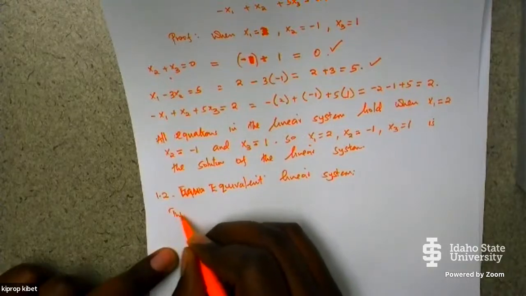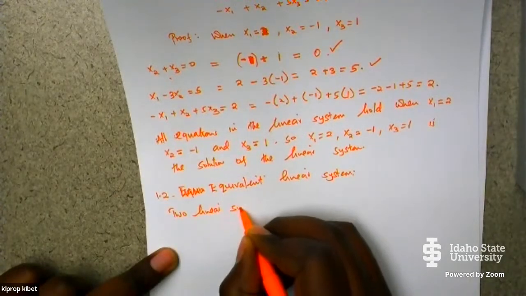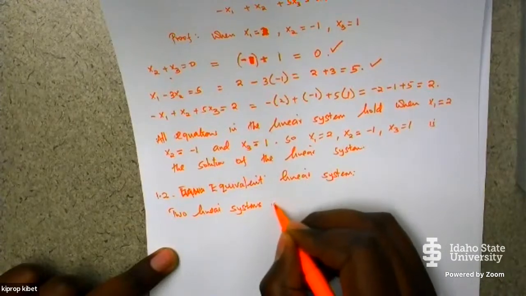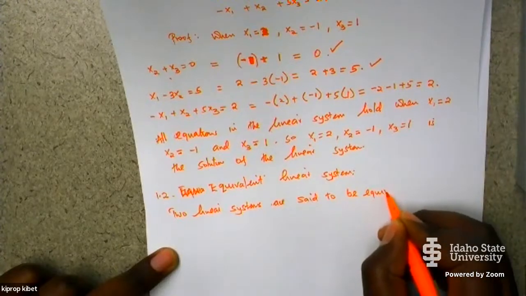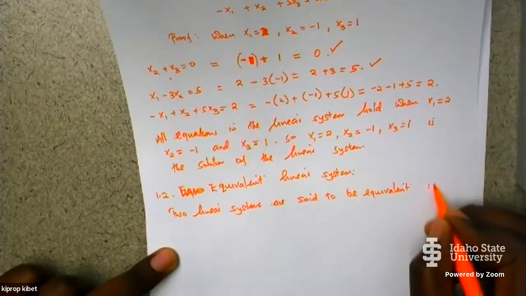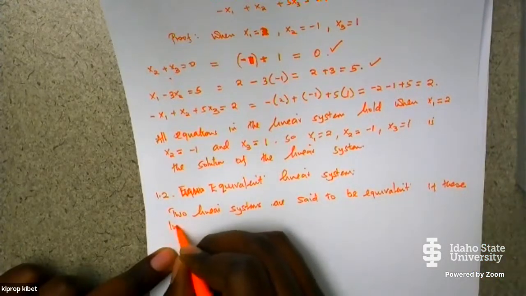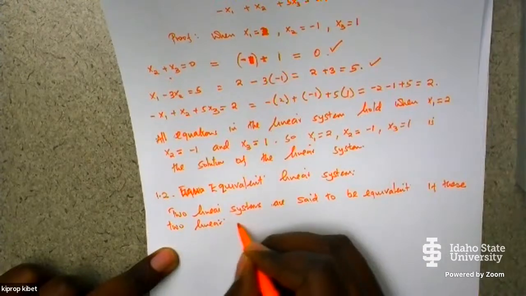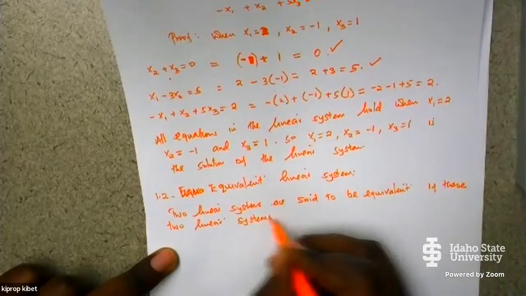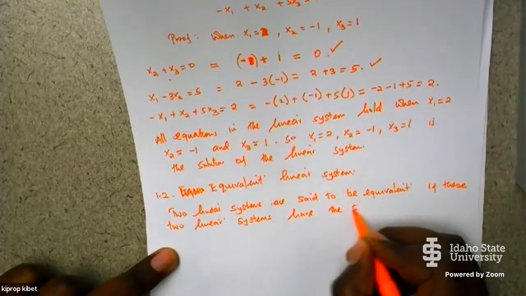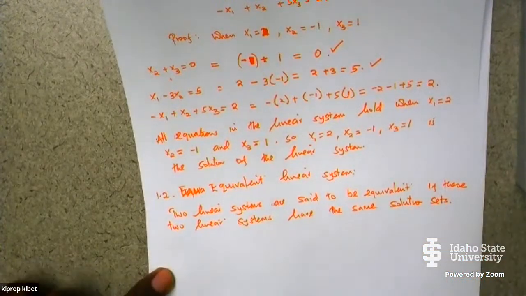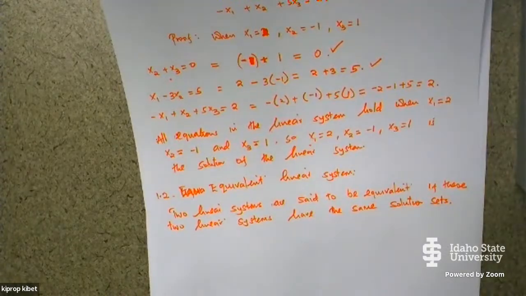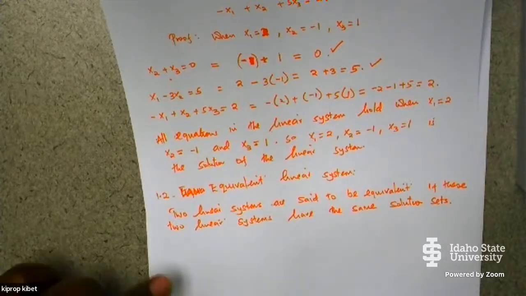Two linear systems are said to be equivalent if these two linear systems have the same solution sets.